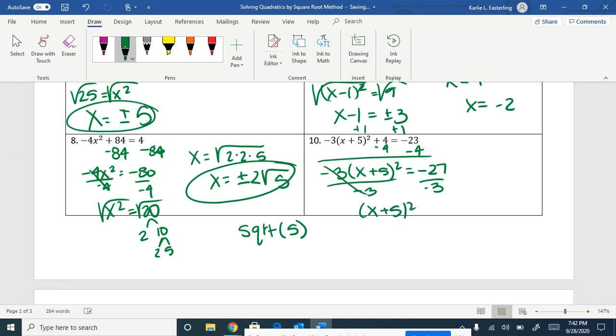X plus 5 squared equals 9. Square root, x plus 5 equals plus or minus 3. And then for your final answer here, you're going to have to subtract that 5 from both sides, should have been x equals negative 2 and x equals negative 8.